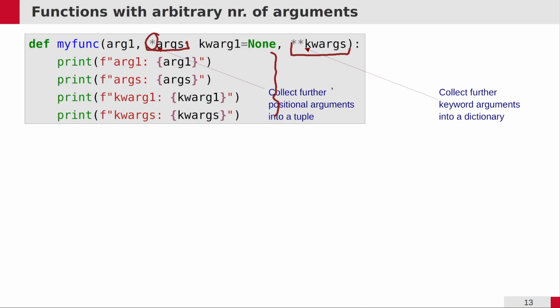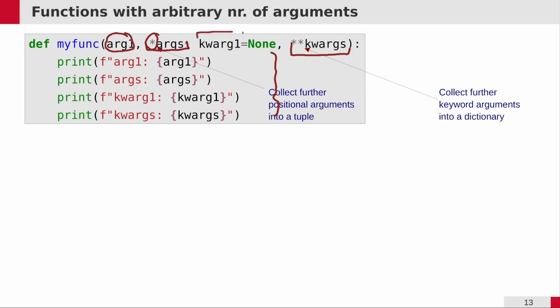The star basically tells Python, okay, collect all further position arguments. I have one position argument here, but any position arguments beyond that, it can be 0 arguments, 1, 2, how many doesn't matter. If there are any position arguments after arg1, then put them into a tuple called args.